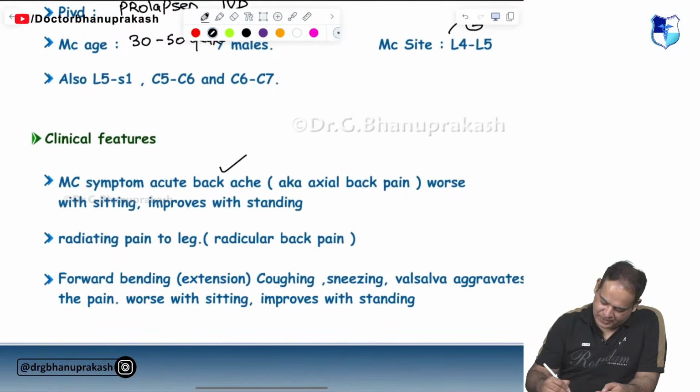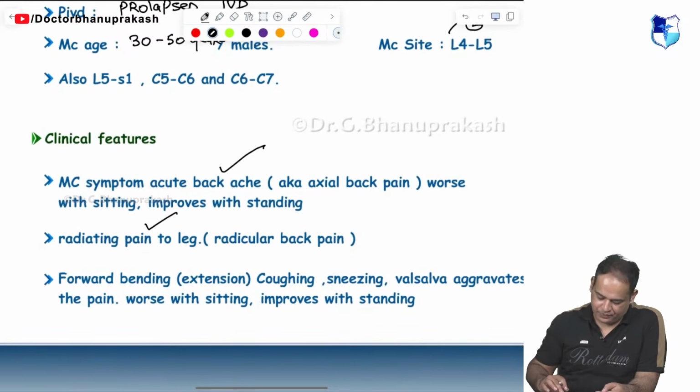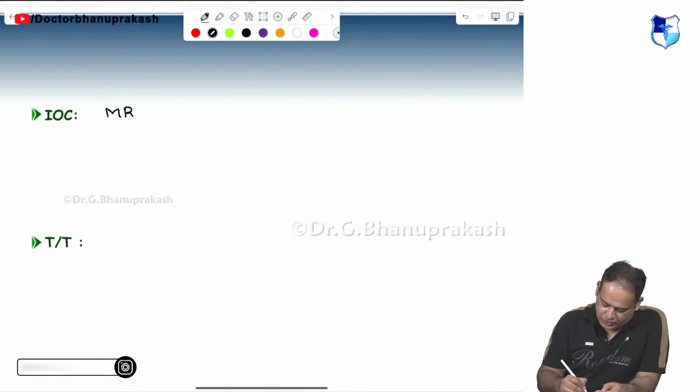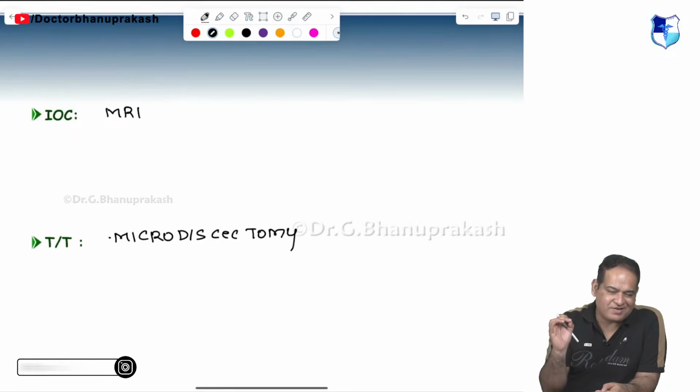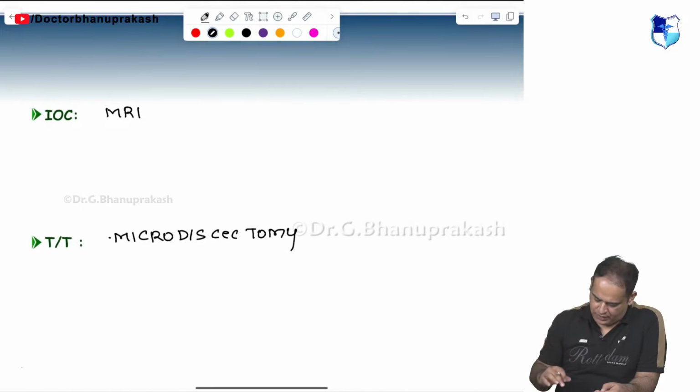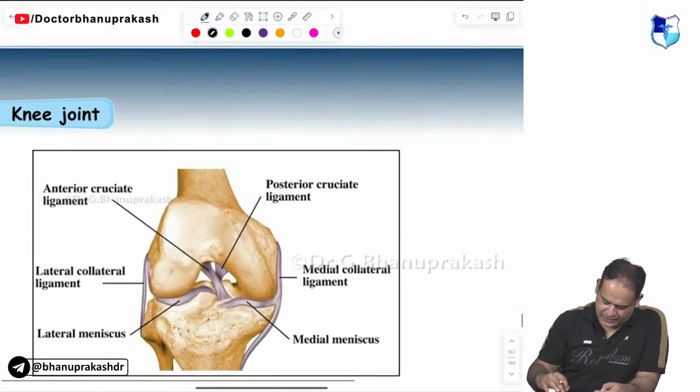Most common symptom, backache, radiating pain, right? Investigation of choice, MRI. Treatment is microdiscectomy. Disc once slipped cannot come back. Okay, we'll have to cut it off.